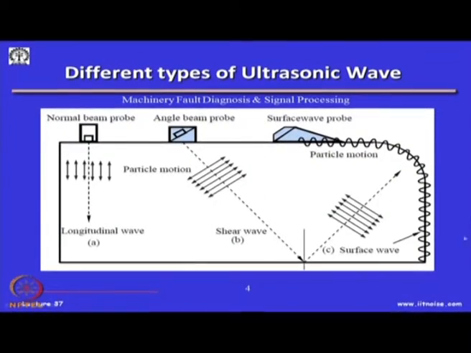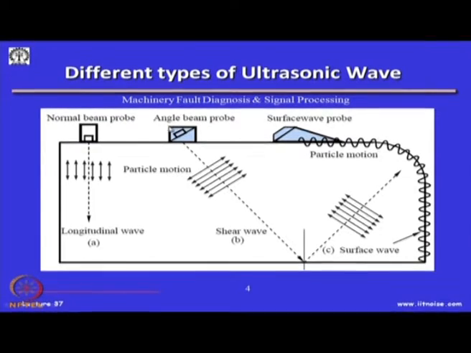For example, this is a view wherein this is a body. So, if I have a normal beam probe, and this is perpendicular to the structure, this A is a longitudinal wave.